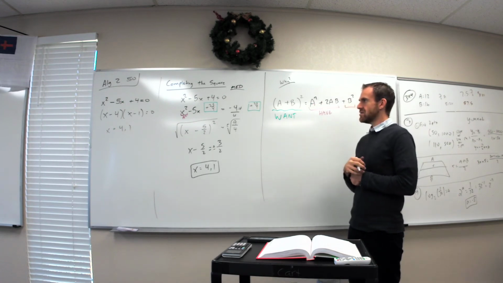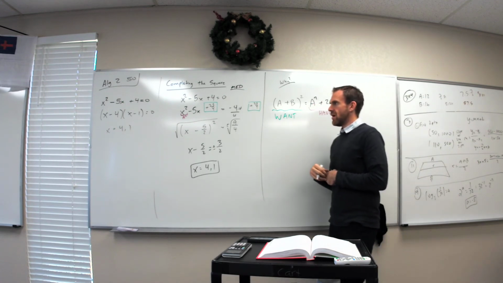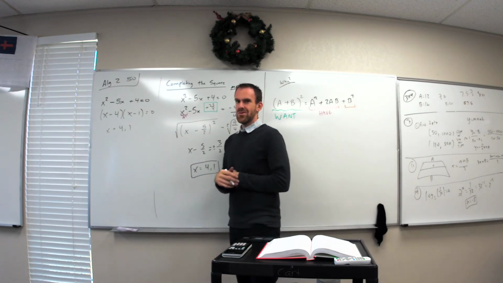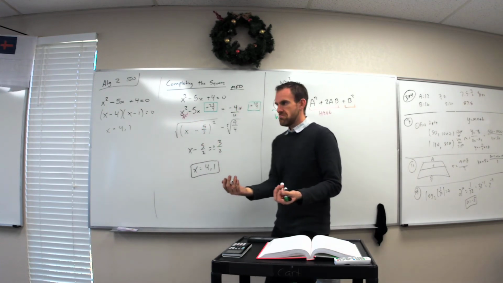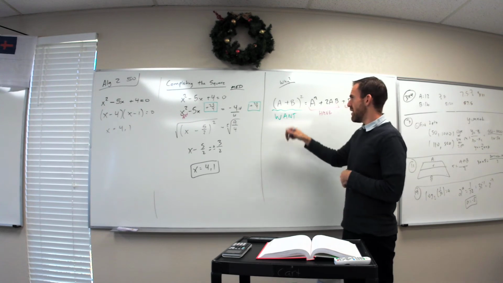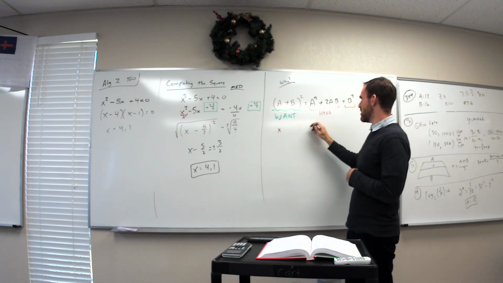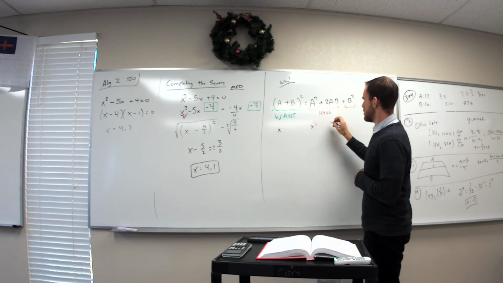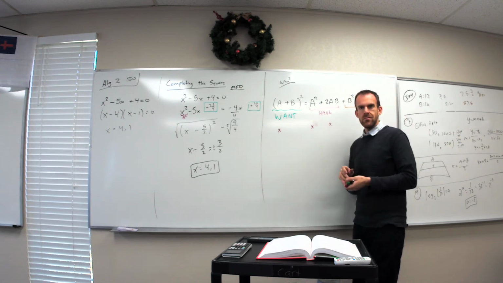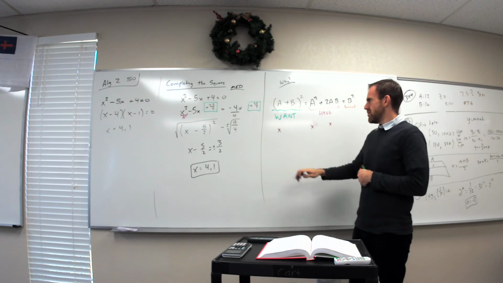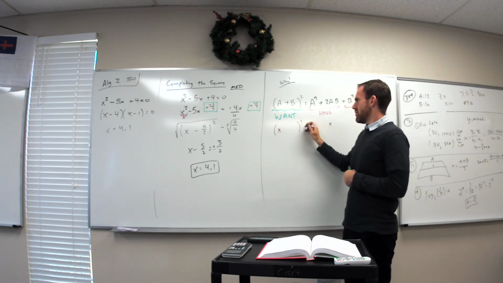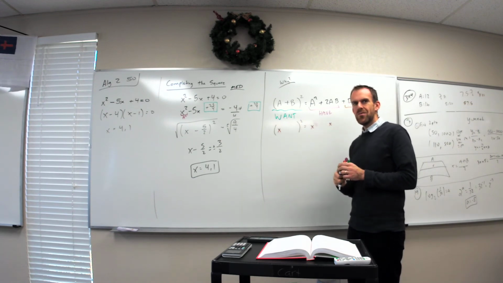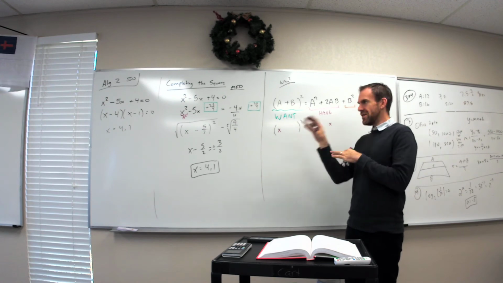If a squared is x squared, a is x. So every time I see an a here, I could really put x. Correct. If you don't get this, it's okay. But this is why we do that.